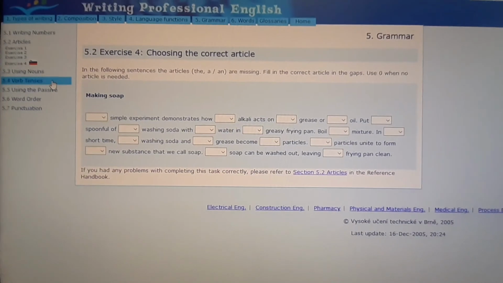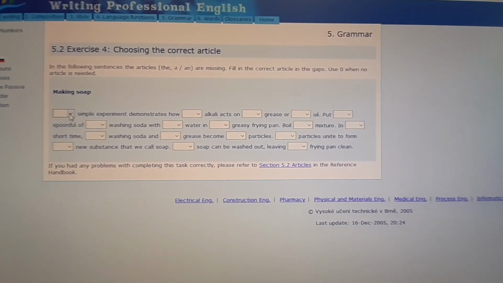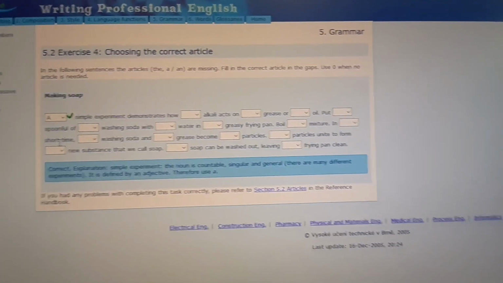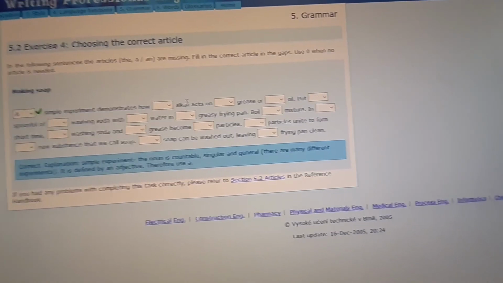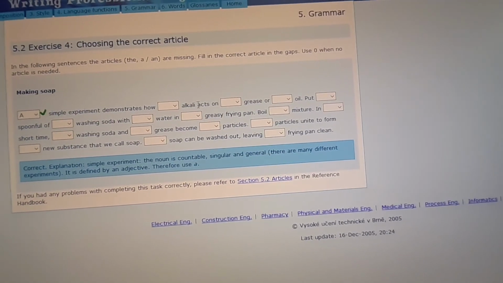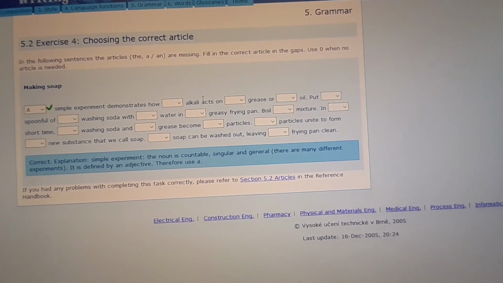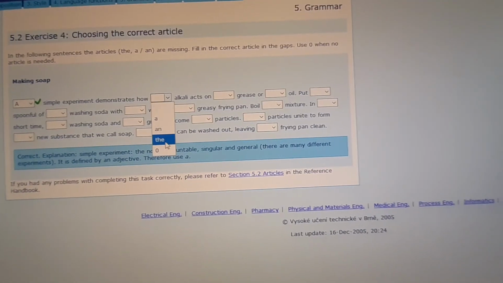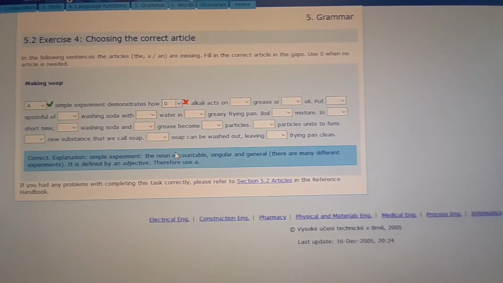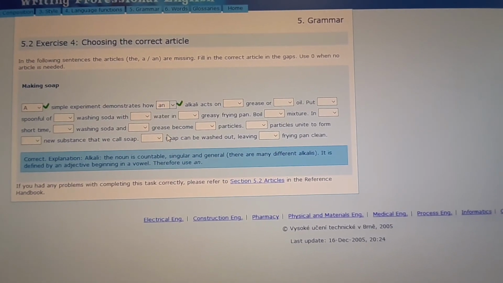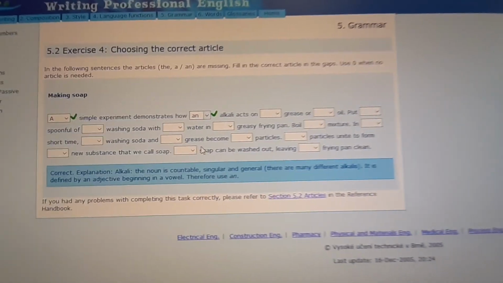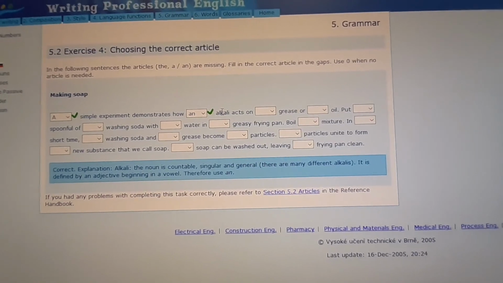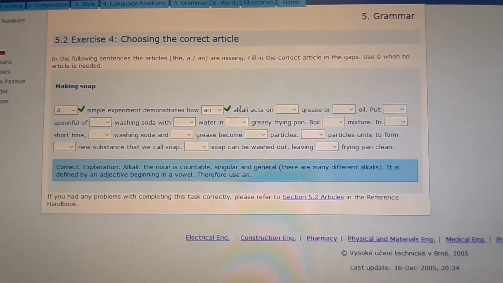Read it first. Simple experiment demonstrates how, alkali or alkali, acts on, is it an or 0? Oh, I got it wrong. Yes, an alkali. Alkalis are countable.